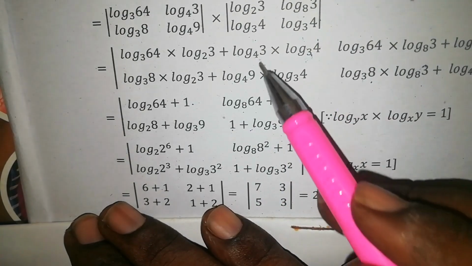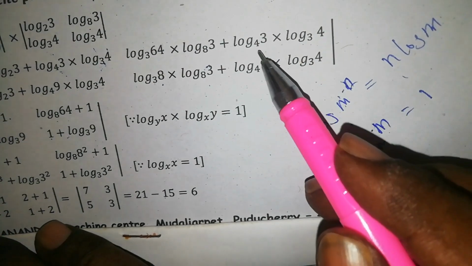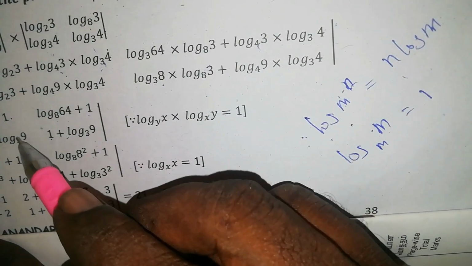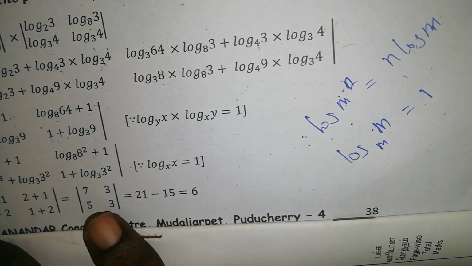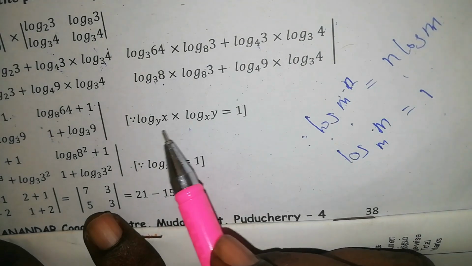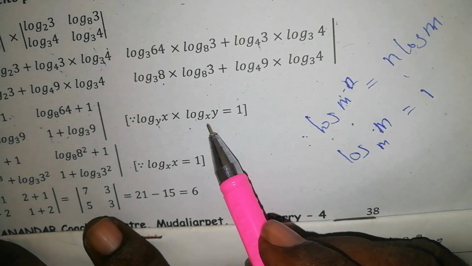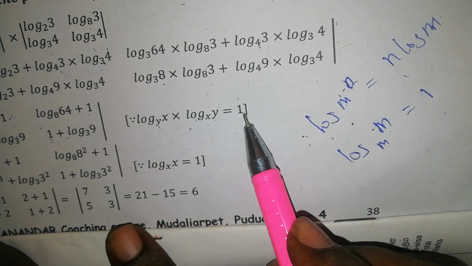Here also log 4, and here also log 4. So you get the value 1. See, log x base y and log y base x: if this comes, you can use the change of base rule and the value is 1.